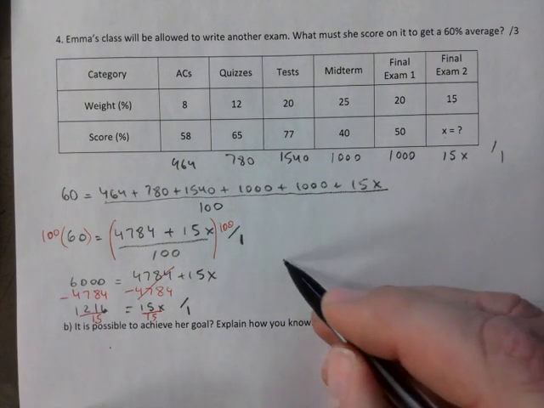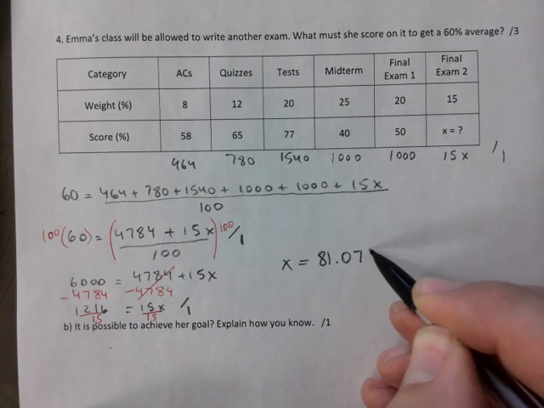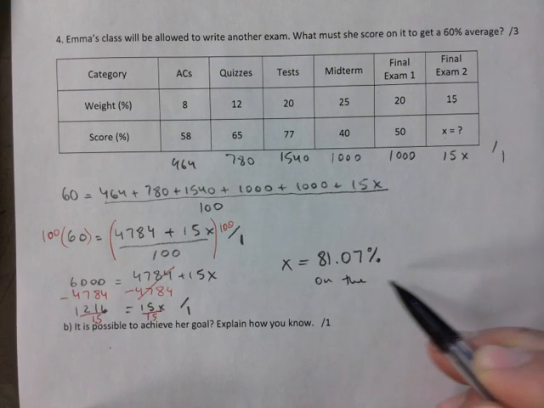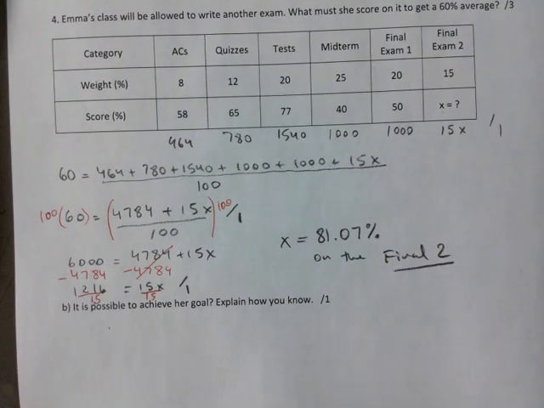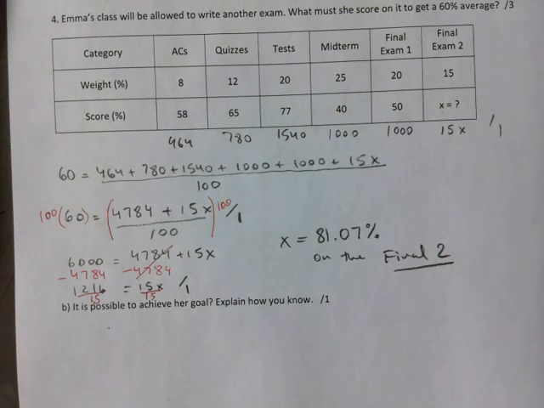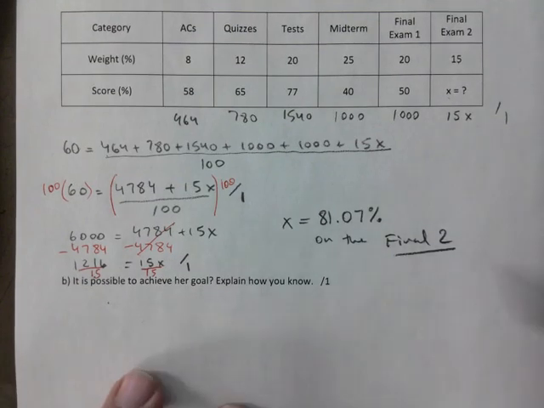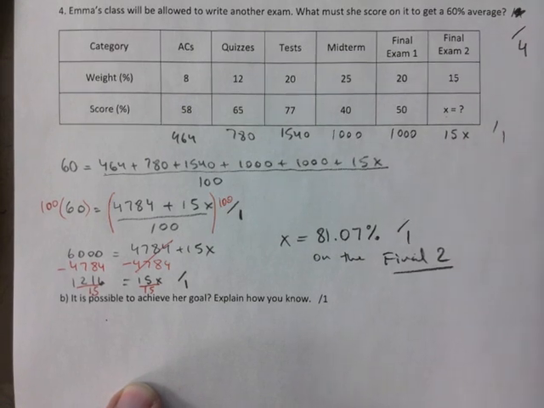That's the one I was checking. So if she were to score this on that second final, then the average would be 60 in that case. So you get obviously another mark for that. So we make this out of 4, not 3, but out of 4. Change question 4 to out of 4.